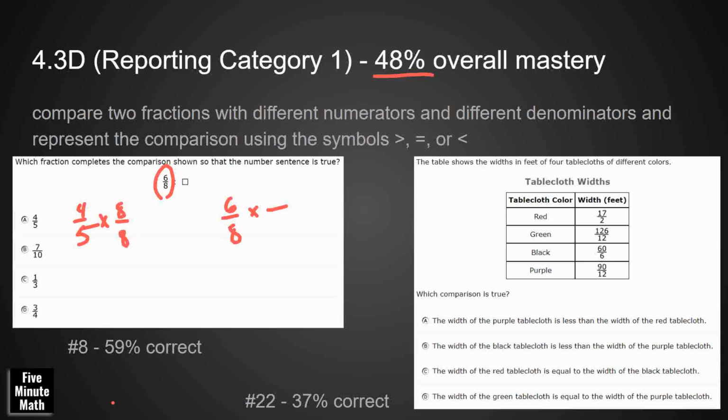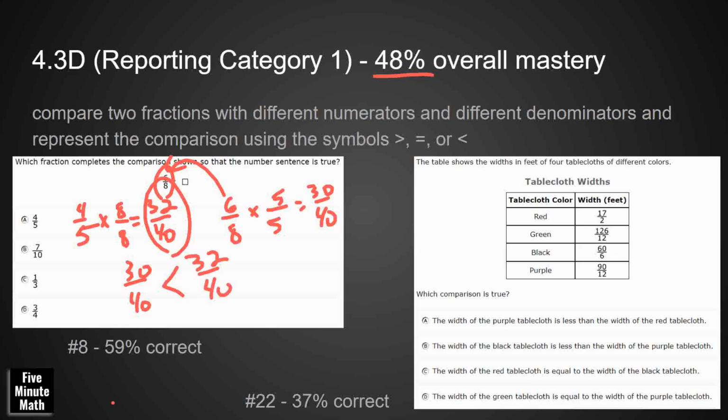So I can multiply that by 8, by 5 to get equivalent fractions. So that's 32/40ths, and this is going to be 30/40ths. So if I replace the 6/8 here with 30/40ths, it's less than this 4/5, which is 32/40ths, right?